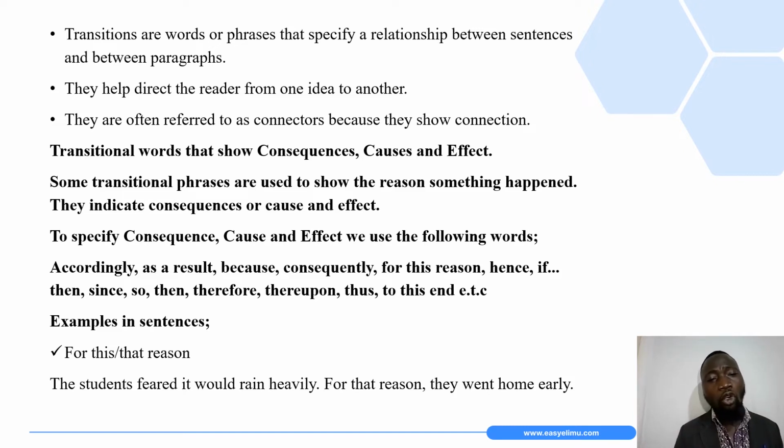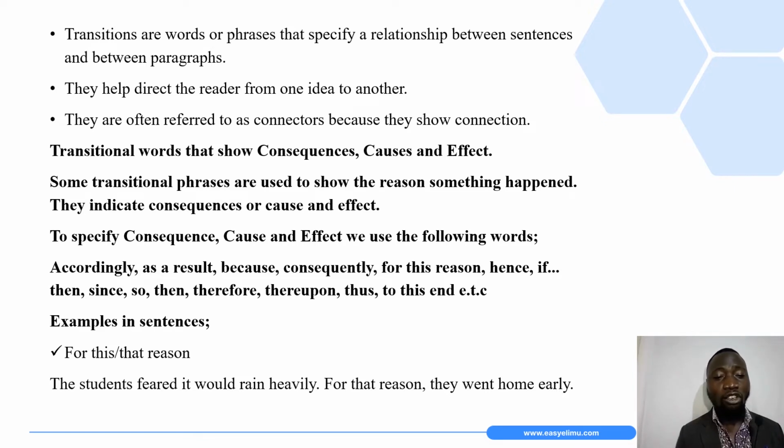Transitional words that show consequences and effect. Some transitional phrases are used to show the reason something happened. They indicate consequences or cause and effect.